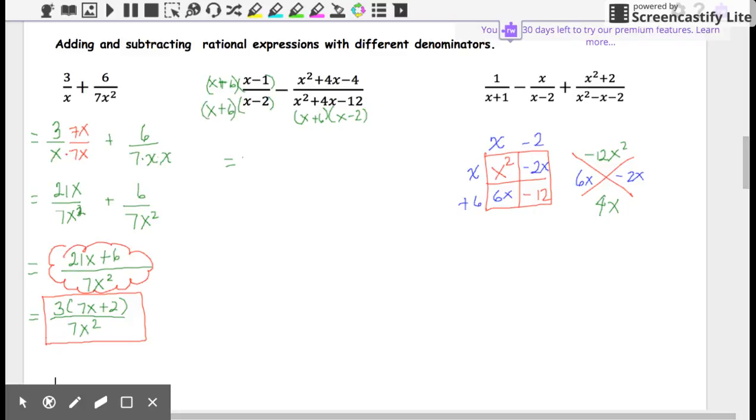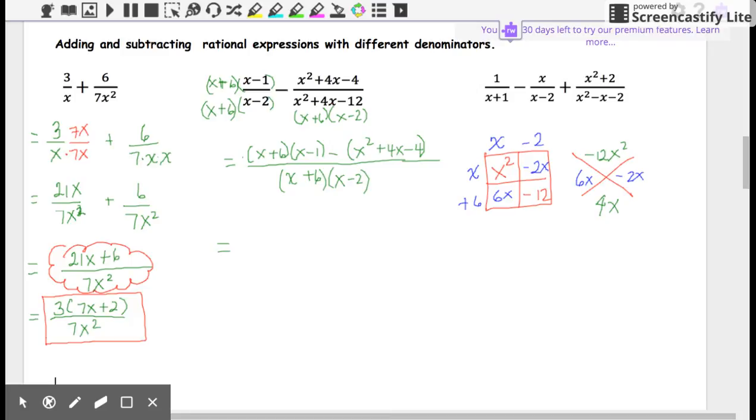Okay, now that they have the same denominator, we can put them in a single fraction. So I'm going to put here x plus 6 times x minus 1 minus, and don't forget to put in parentheses the second numerator, which is x squared plus 4x minus 4, all over x plus 6 parentheses x minus 2. All right, now we just need to simplify.